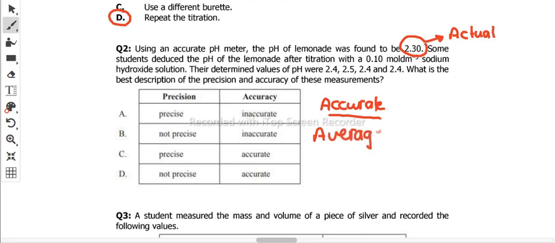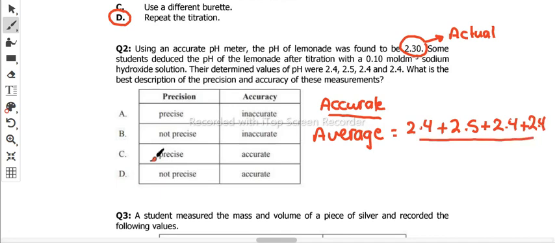I'm going to take the values 2.4 plus 2.5 plus 2.4 and another 2.4. Then I'm going to divide over the total, which is 4, and your final answer is 2.425, which is approximately 2.43 after rounding.